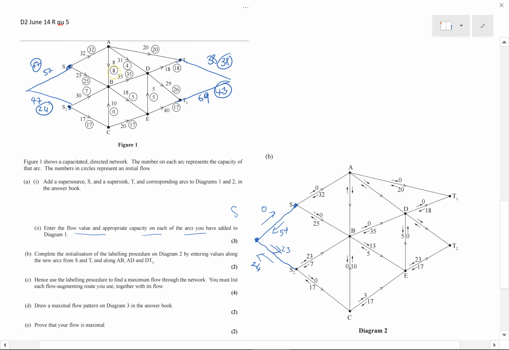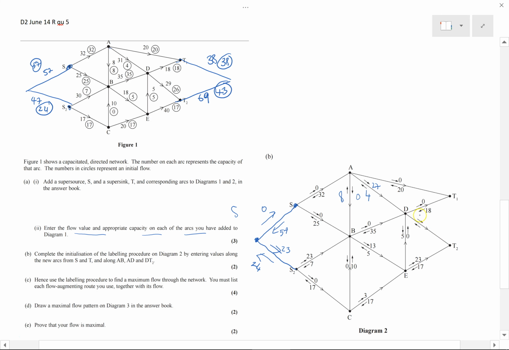AB has got a flow of 8, so we put 8 opposite to the actual flow arrow there, and 0. Then we've got a flow along AD of 4, so that's 4 there, and because the capacity is 31, we've got 27 there.